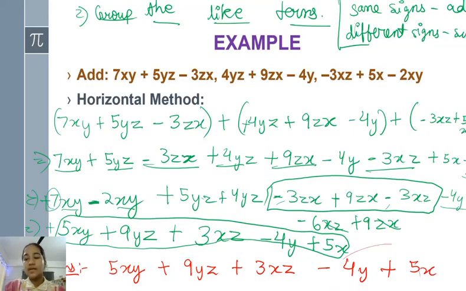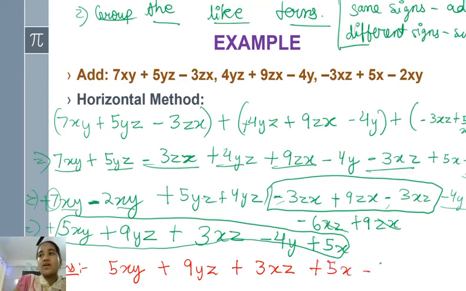Basically it should be plus 5x and minus 4y. Why? Because x comes first in alphabetical order: plus 5x minus 4y, xy, yz, xz. And we have done it, right? So let's move.